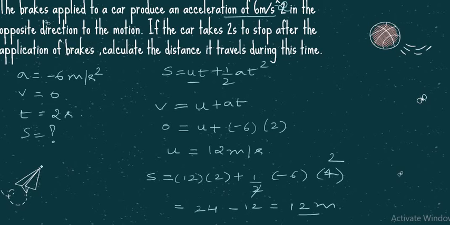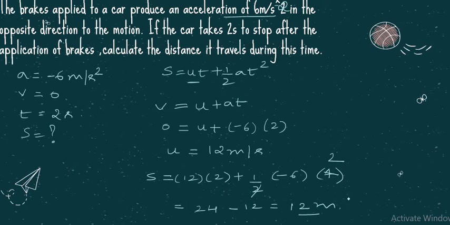That means the car has traveled a distance of 12 meter, okay, after the application of brakes. I need to write the car has moved or the car has traveled a distance of 12 meter before it stops after the application of brakes.